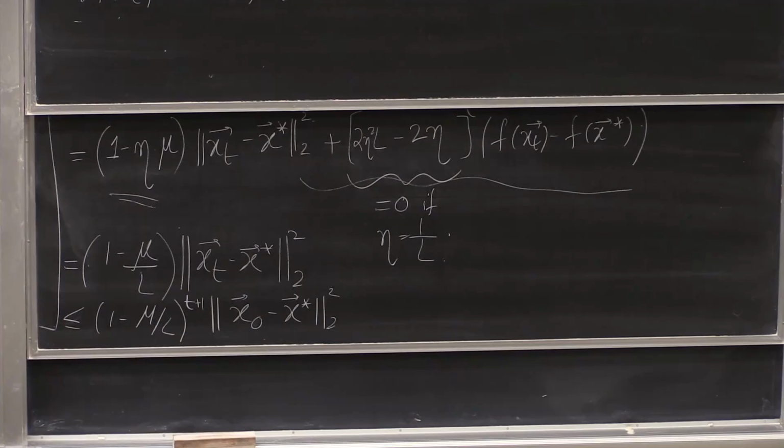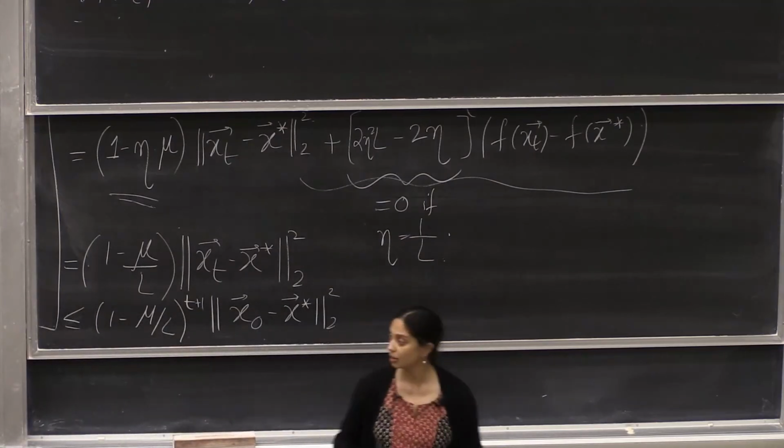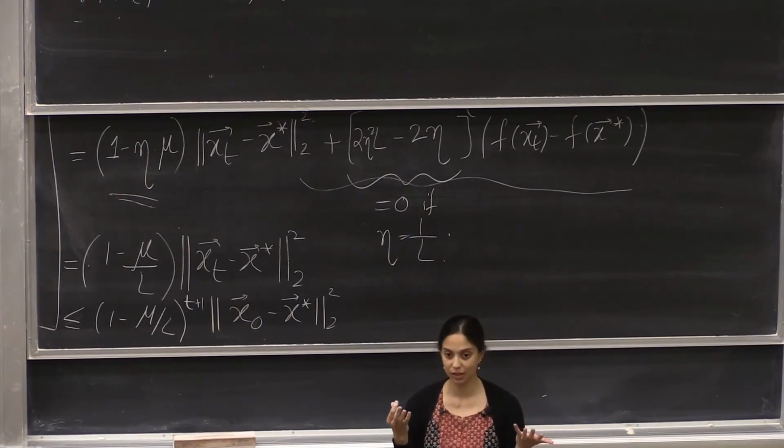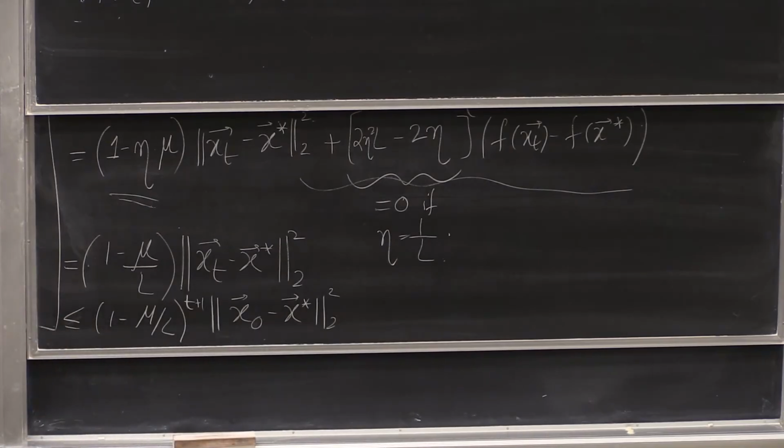And now, under what conditions is this thing going to converge to 0? As long as this thing is less than 1, I'm going to always converge to 0, right? And what do we know about 1 minus mu over L? Well, mu is the lower bound on the eigenvalues of the Hessian. L is the upper bound, right? So mu over L is always going to be less than 1.